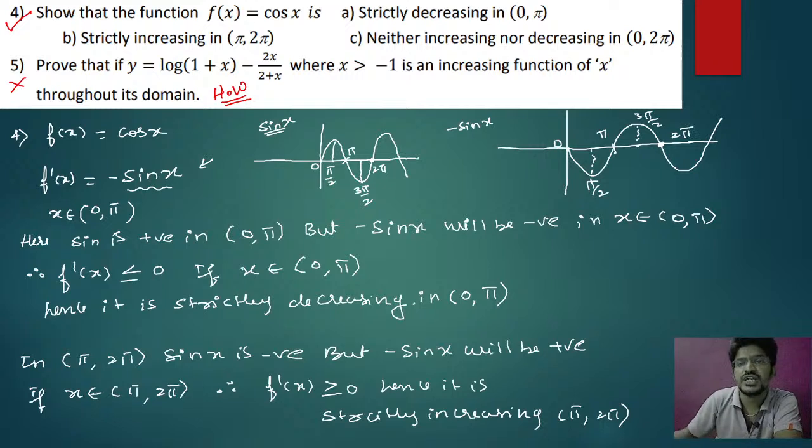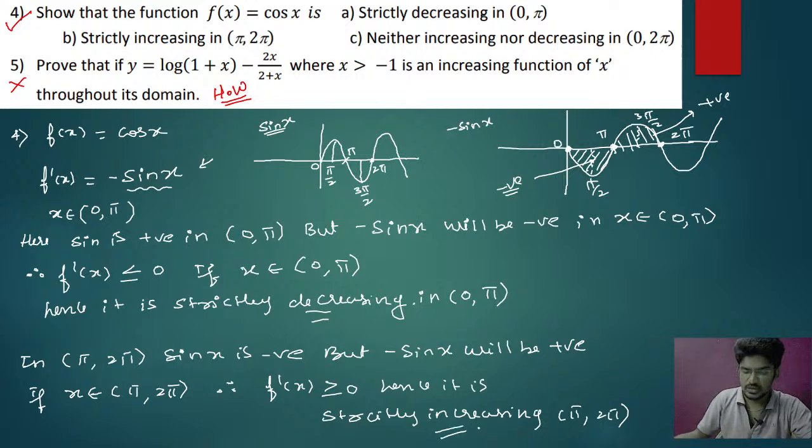So you can see from 0 to pi it is negative, and from pi to 2 pi it is positive. According to us, if it is negative, it will be decreasing. If it is positive, it will be increasing. So this is the graphical representation.